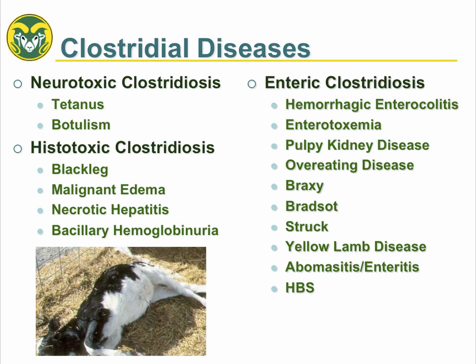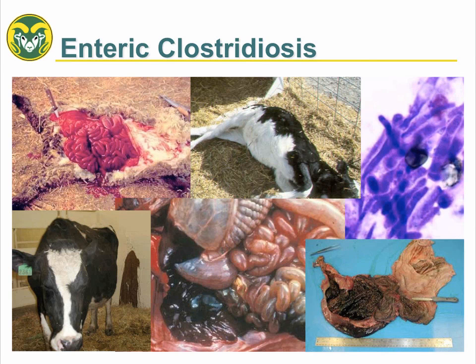It becomes very confusing, often because enterotoxemia is used as one single term that describes all of these Clostridium perfringens diseases. We'll try and break that down a little bit, but as I work through these, I find it easier just to think of the different Clostridium perfringens types, where they're seen, and what they can cause.